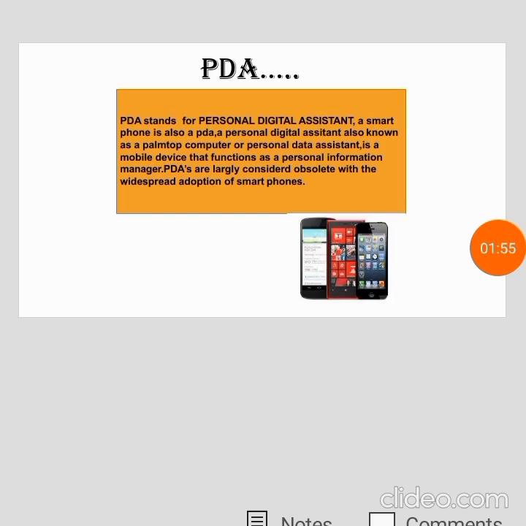PDA stands for Personal Digital Assistant. A smartphone is also a PDA, also known as a palmtop computer or Personal Data Assistant, a mobile device that functions as a personal information manager. PDAs are largely superseded with the widespread adoption of the smartphone.